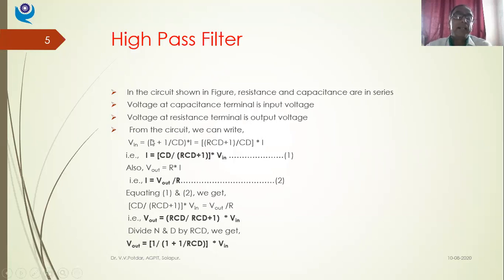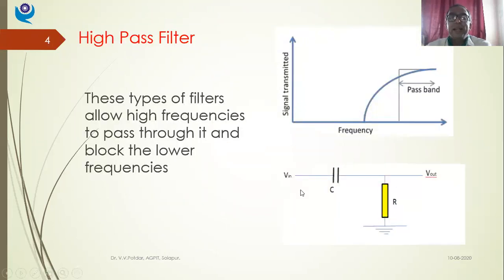Now from the circuit, you should be able to write the equation. How do we write it? The total potential drop across the left part of the circuit, V in, will be equal to the individual potential drops. Now what are the individual potential drops? This is the potential drop across capacitance: V in will be equal to 1 by C integral I dt, which is nothing but 1 by CD, where 1 by D corresponds to integral.